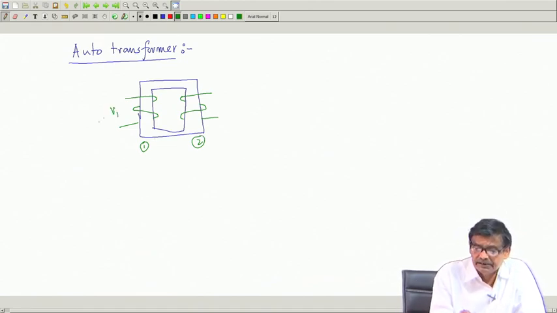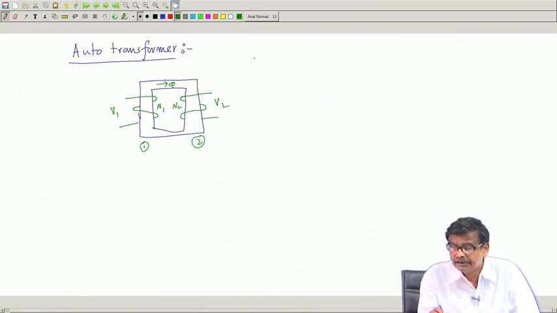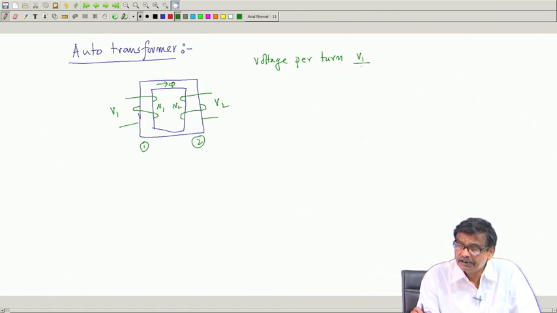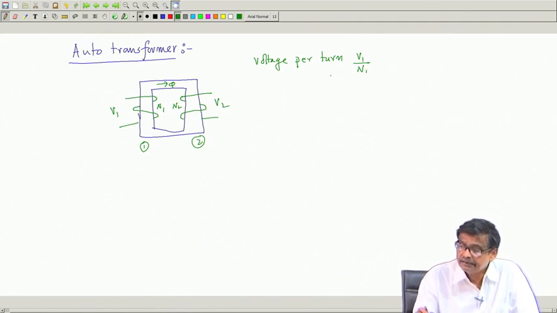You can then change the level of voltage from V 1 to V 2, N 1 turns, N 2 turns. Mutual flux is common to both of them. Then we know that if you have applied the rated voltage, it is better you use the voltage per turn concept. This is equal to V 1 by N 1, and that remains same for both primary and secondary.